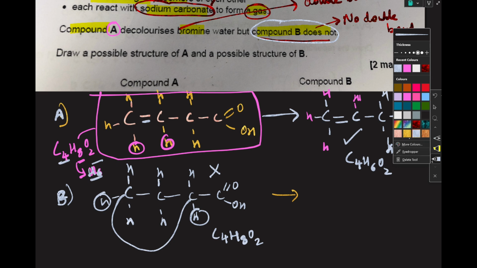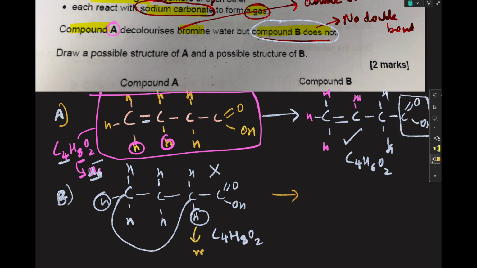Remove this, remove this. This becomes 6, and you connect these two carbons with a bond. So you are fulfilling their bonds, and also you are not having any double bond and still having the hydrogens.